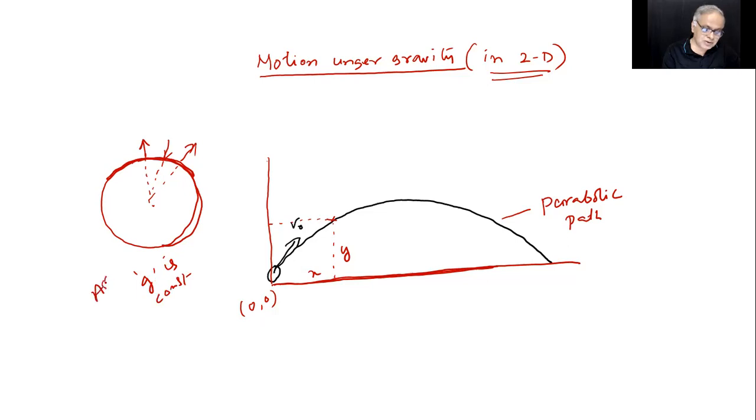Assume G is constant. So in 2D, this motion is also in a plane of x and y. If I say this as x and this as y, motion is taking place in the xy plane, right? Motion is taking place in the xy plane.